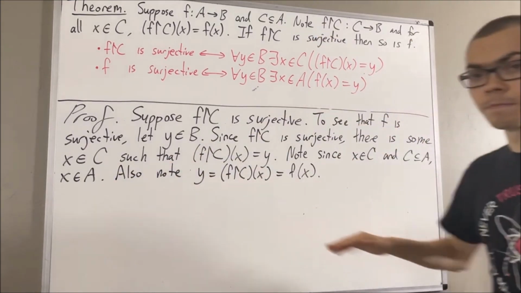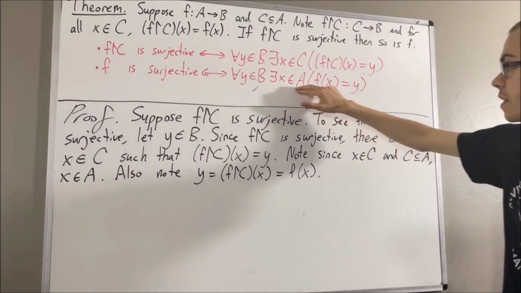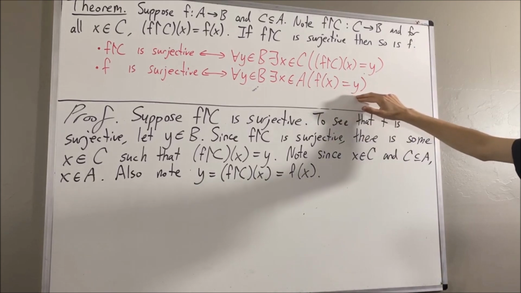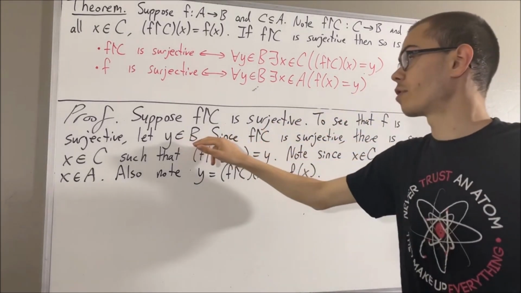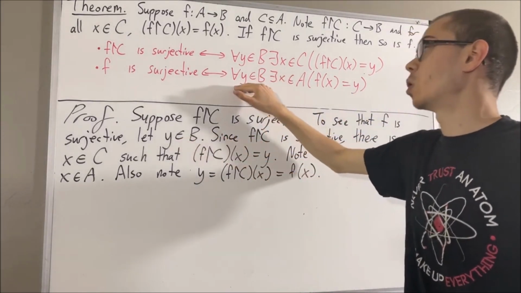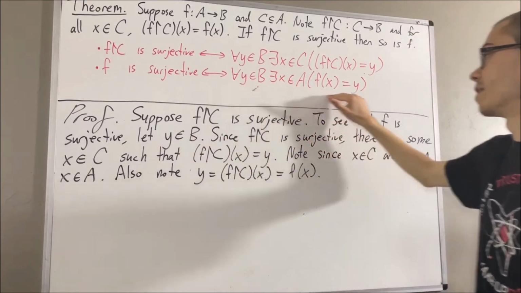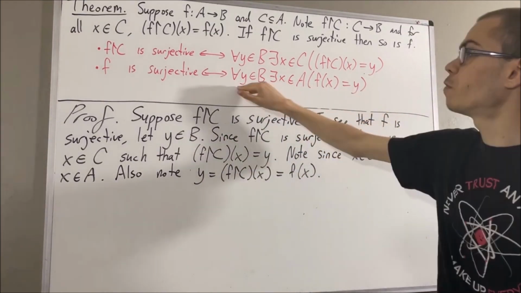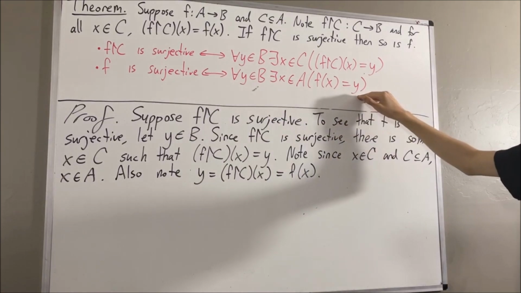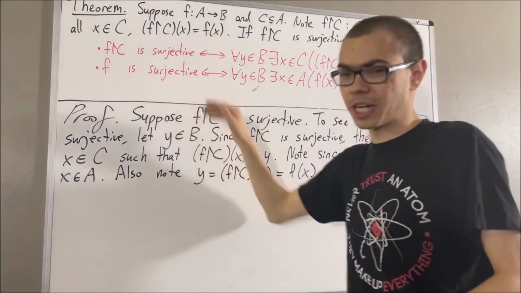That's what we have here. So we have shown that this is true. And since y was an arbitrary element of B, this means for all elements y in B, this is true. So we have proven this statement, which amounts to proving that f is surjective.